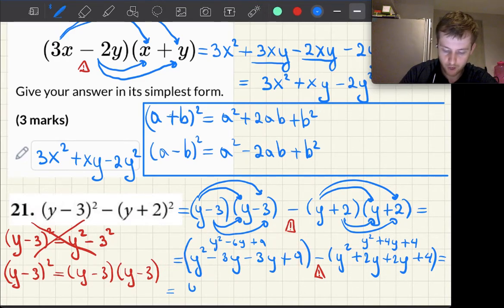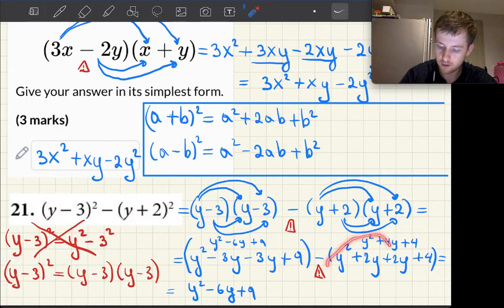So we're gonna have y squared minus 6y plus 9. But here, every term is going to change the sign. So positive y squared becomes negative y squared. Positive 4y, so plus 4y, becomes minus 4y. And plus 4 becomes minus 4.